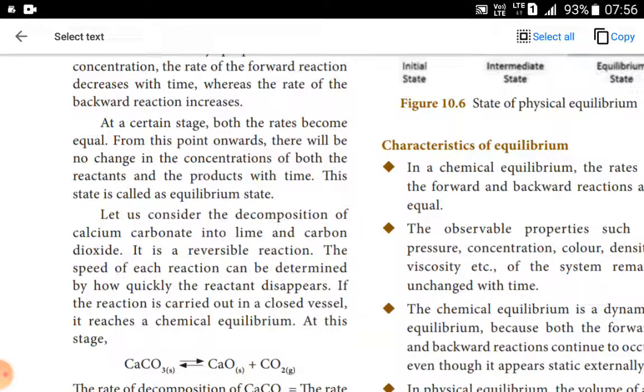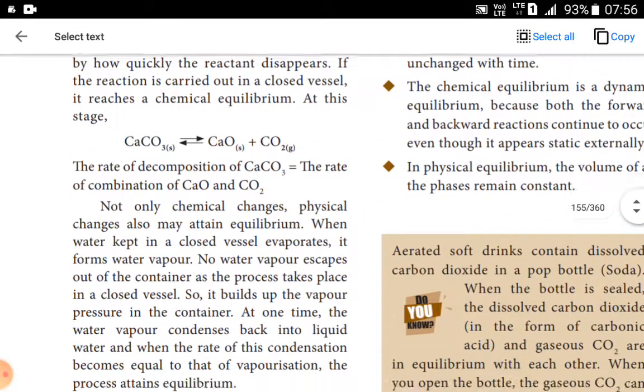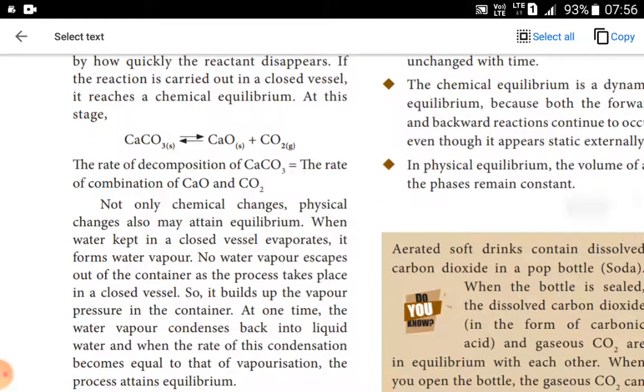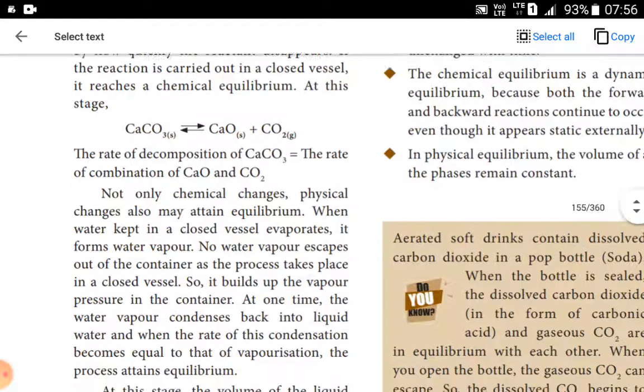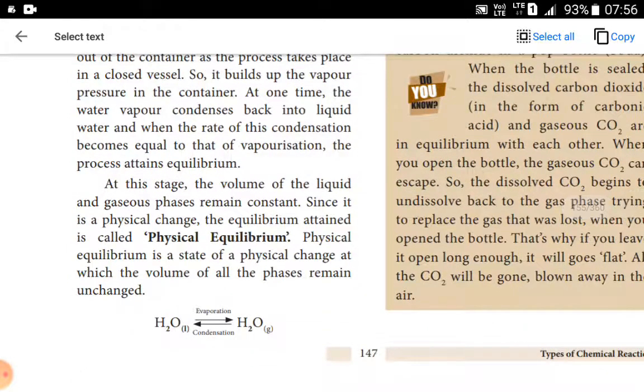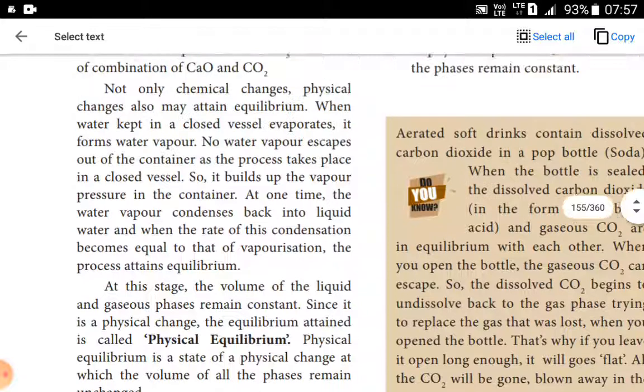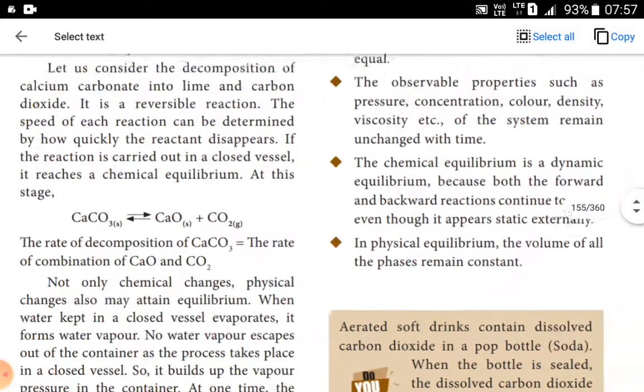Equilibrium is obtained only when the reactions are carried out in a closed vessel. Equilibrium occurs not only in chemical reactions but also in physical changes, which is called physical equilibrium. For example, water changing to water vapor and water vapor back to water when it takes place in a closed vessel.